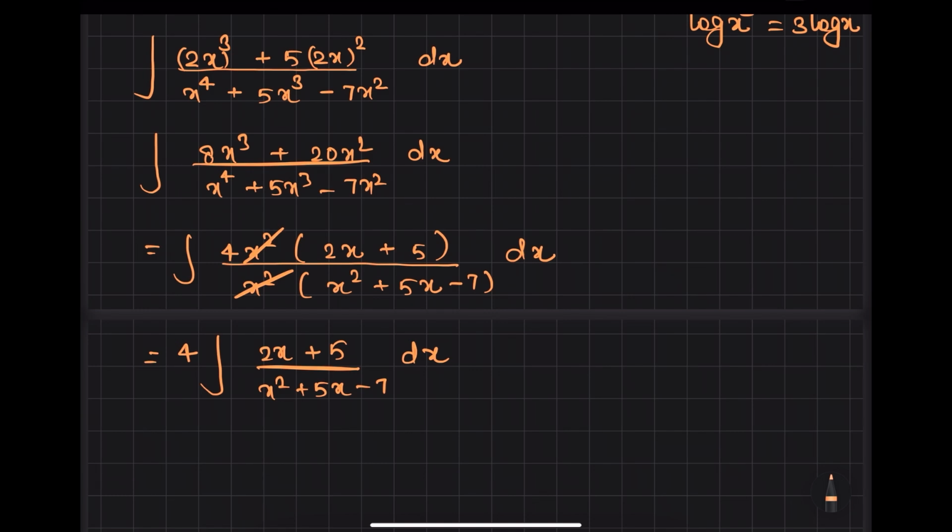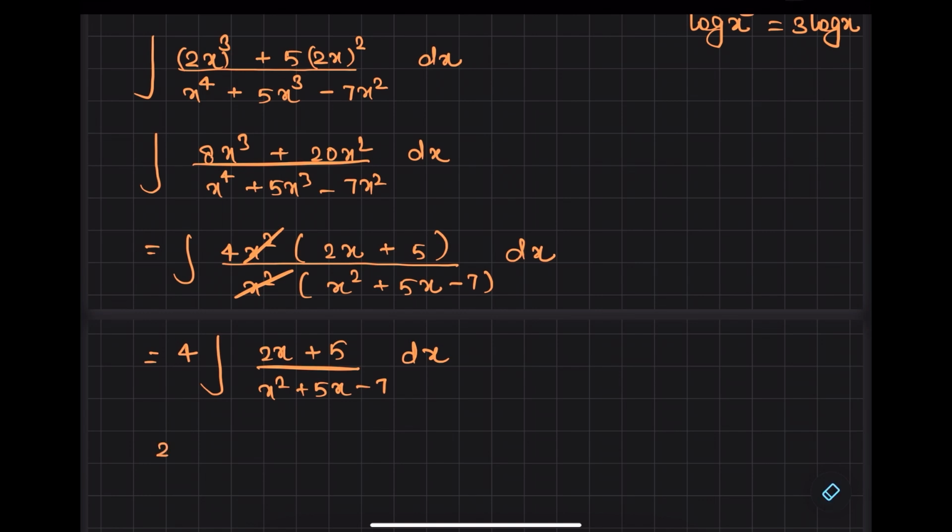But look at this: this time the numerator has a lower power than the denominator. So how should you respond? You have to write the numerator as the differentiation of the denominator. So how will you write it? I'll help you in this case.